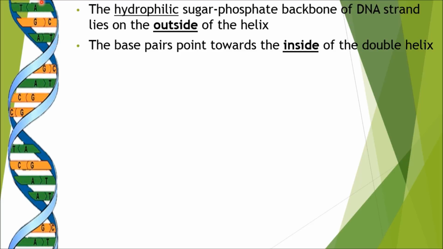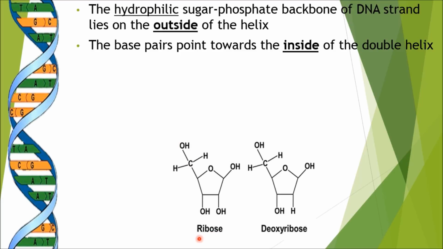Hydrophobic simply means water-fearing. Here we got the structure of the difference between the ribose sugar and the deoxyribose sugar. If we look at it, the second carbon atom is attached to a hydroxyl group, while the second carbon atom of the deoxyribose sugar is attached to a hydrogen atom.